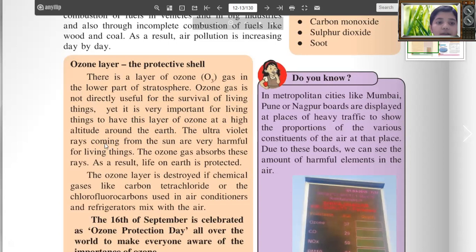The ultraviolet rays coming from the sun are very harmful for living things. The ozone gas absorbs these rays. As a result, life on Earth is protected.